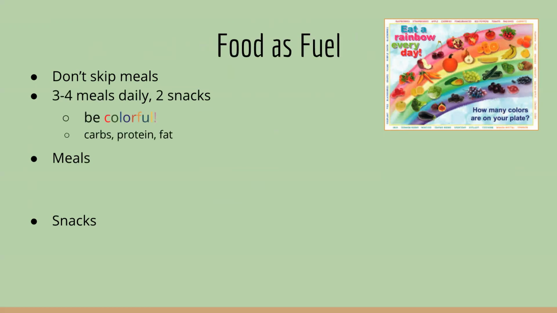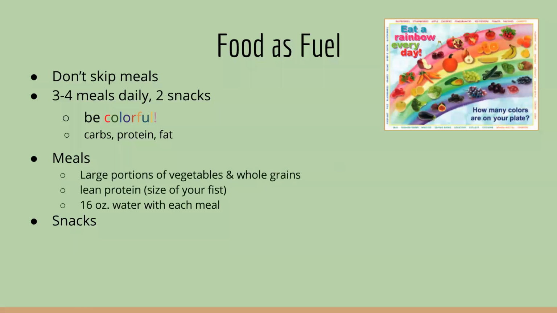The key to creating good meals or choosing foods to eat is just to be as colorful as possible. And I'm talking about natural colors, not necessarily dyes and labels, but trying to incorporate as many different colors as we can in each meal. And then balancing out carbs and proteins and fats as well. So we're looking at balancing out a little bit of all of them.